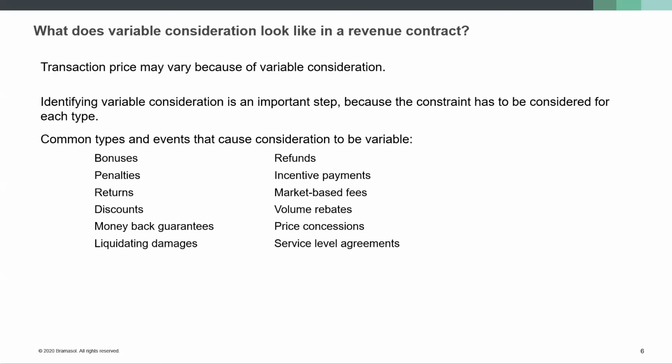So therefore, we have to estimate. So using our two concepts, if we know with certainty, which is the probability of reversal, that it will not happen, then we can estimate these variable considerations. If we don't know, the guidance says we are allowed to constrain it until we have better information, which will prevent the reversal of revenue.